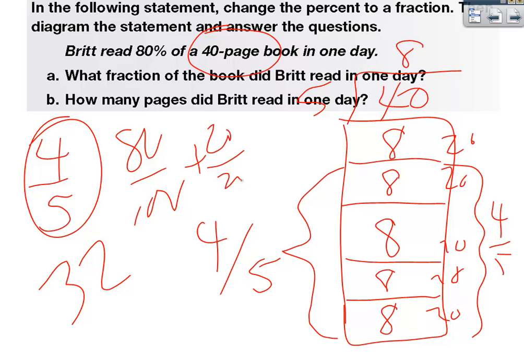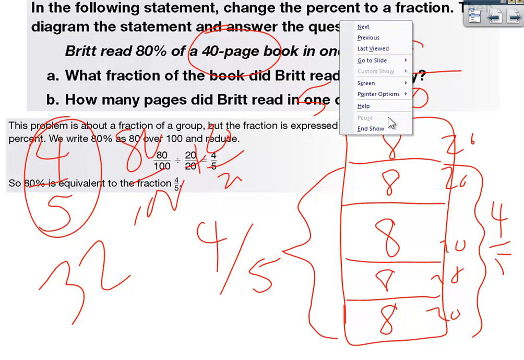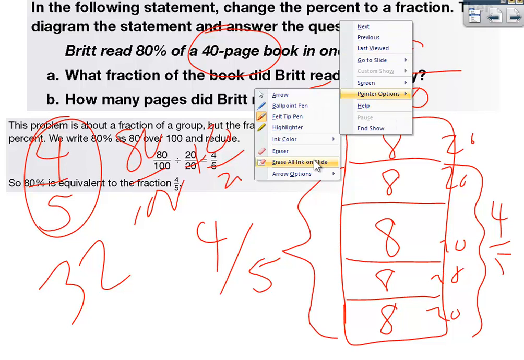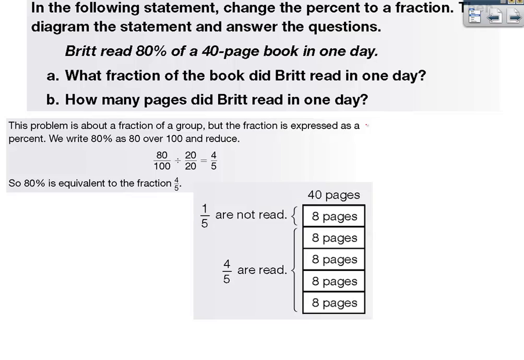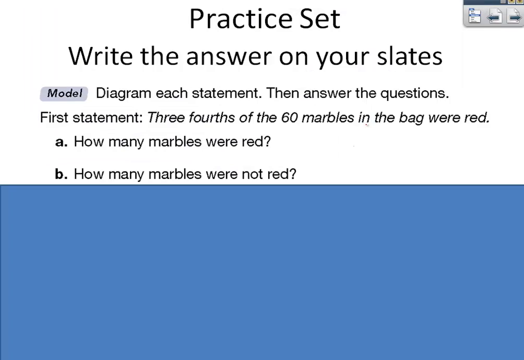You can do it this way, knowing that there are 5 20s in 100%. Go ahead and look at how they've shown it. So that's how they came up with the same thing. 1/5 was not read, 4/5 are read. So her answer is 32 pages and 4/5 of the book.